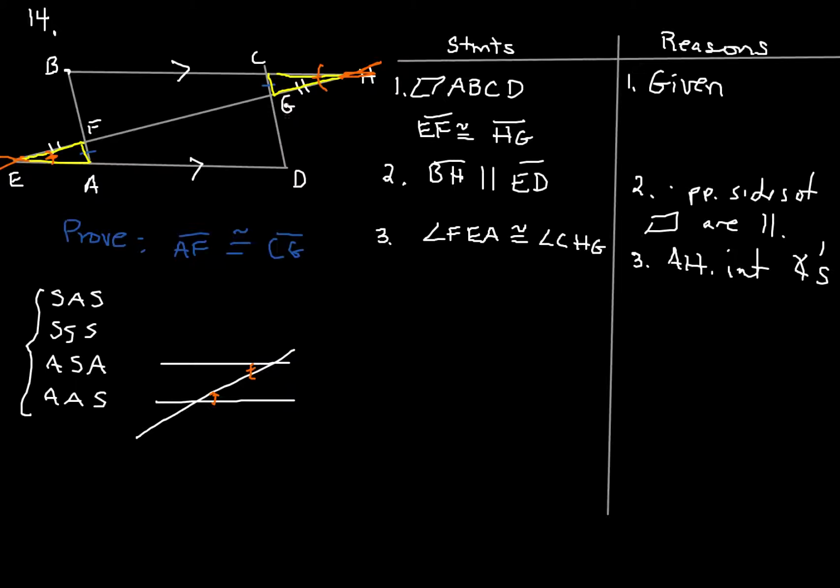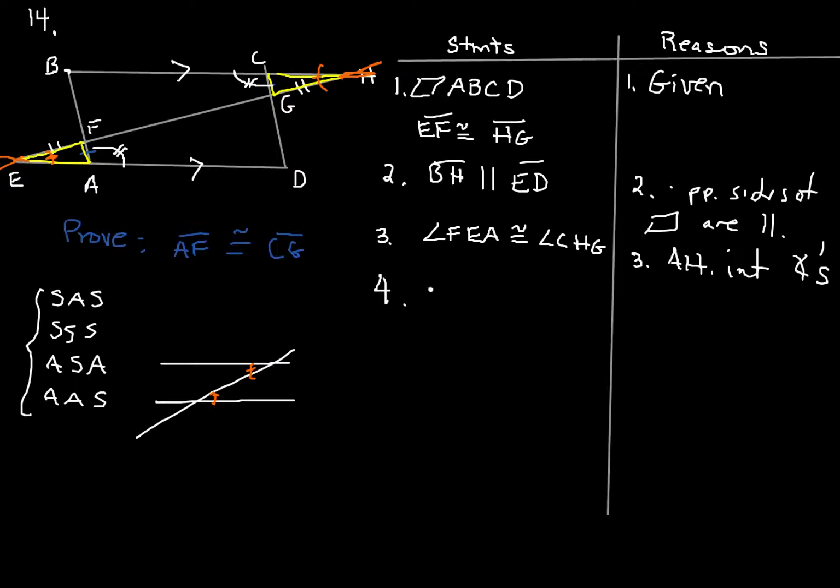Okay, so now we have a side and an angle. We need to get ourselves another side somehow, or another angle. So we also know in parallelograms that the opposite angles in a parallelogram are congruent. So I can say that this angle right here is congruent to this angle.